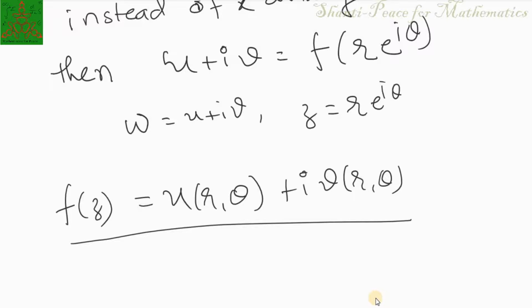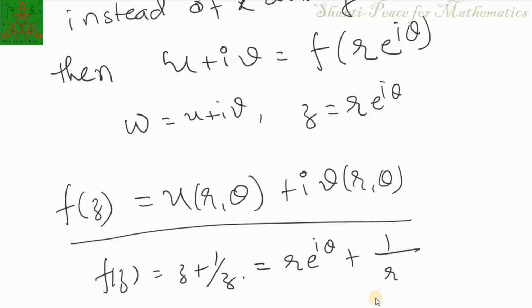For example, let us take an example. Consider this function f of z is equal to z plus 1 upon z. Now we'll try to calculate what will be the real part and the imaginary part of this function in terms of polar coordinates. So for that I am substituting, instead of z, r e power i theta plus 1 upon r e power i theta.